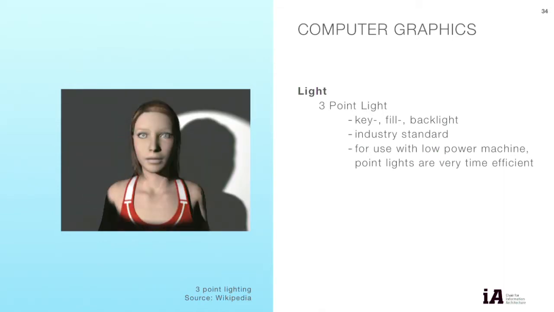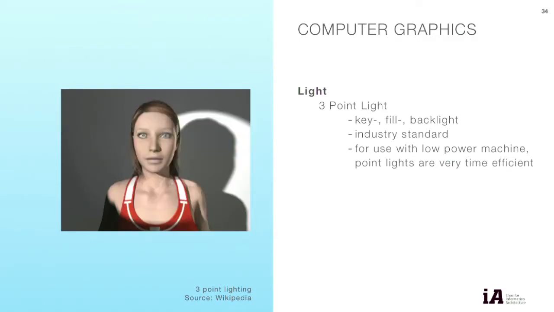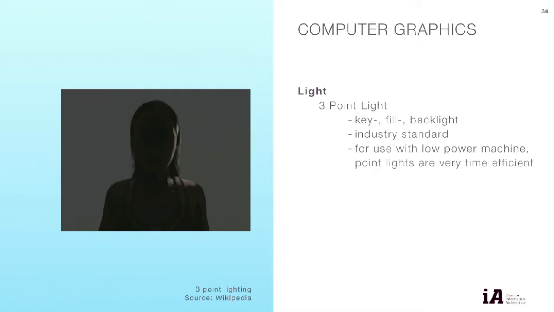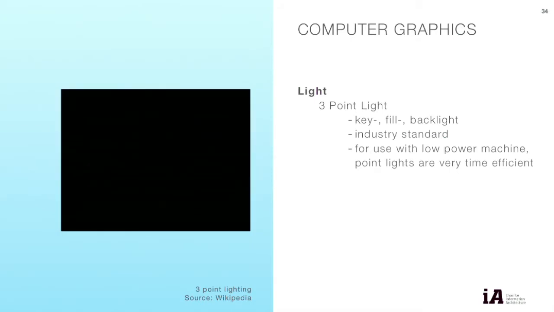And having three-point light in traditional renderer algorithms, that's also much more time efficient, because point lights are much more time efficient. The computer doesn't need to calculate so much as if you would have a large area which emits light, and then much more rays need to be calculated.